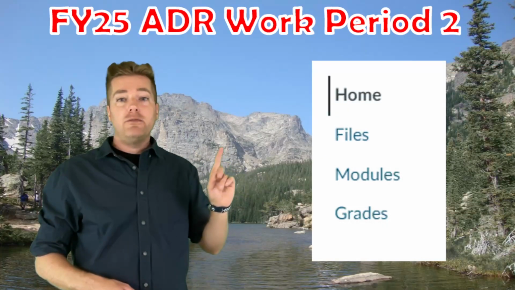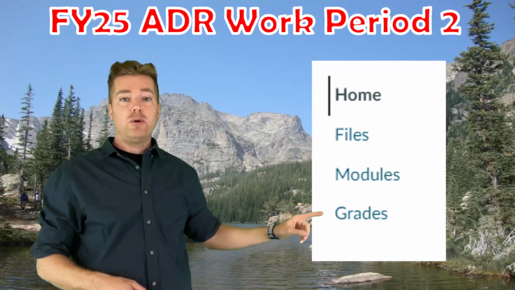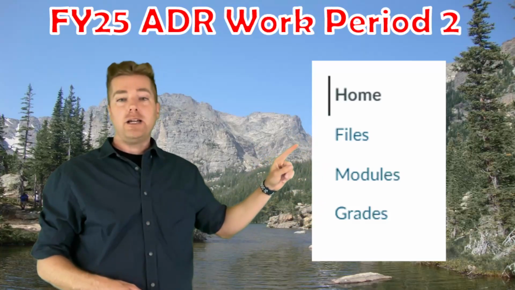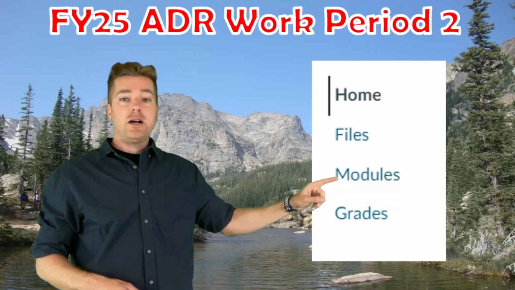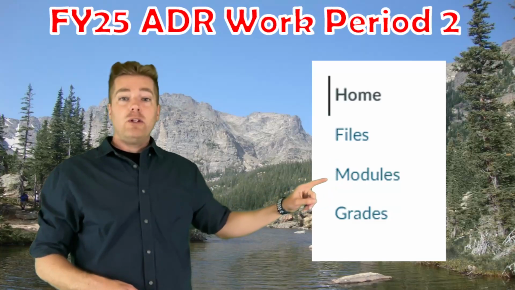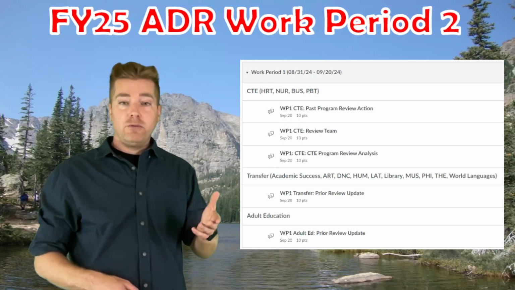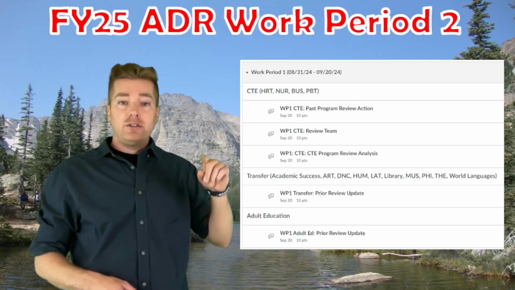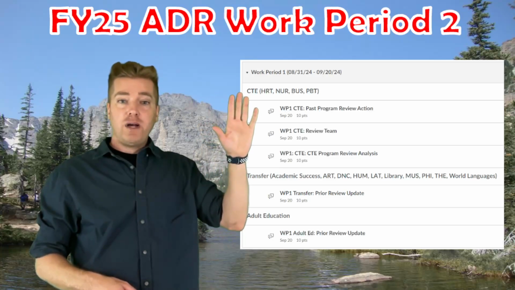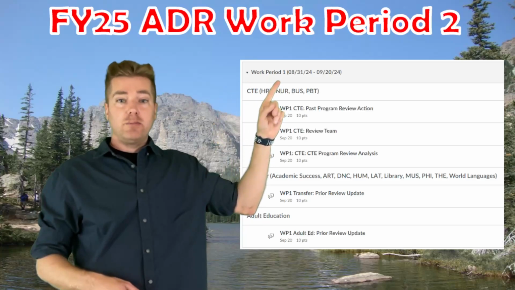First, in the left corner of the screen is the main menu page for this course on Canvas. The most important one that you'll want is the third button down, which is modules. When you click modules, it will take you to a page. And because peer reviewer work is always one period behind the chairs, you will have to scroll down, because at the top of modules is work period 2, down below it is work period 1.